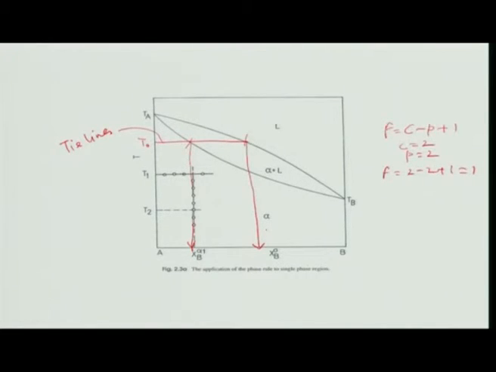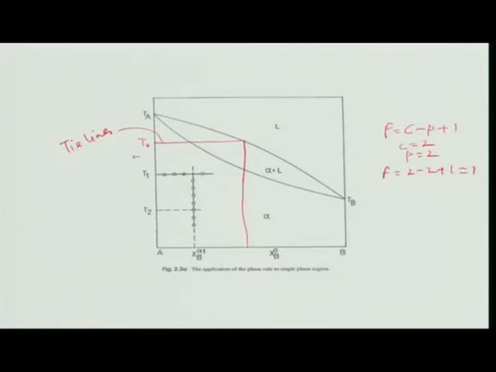Suppose I take a composition. If I take a composition like this as my independent variable, I have the power to choose the composition. So now if I choose the composition of this alloy, then immediately the temperatures are fixed.